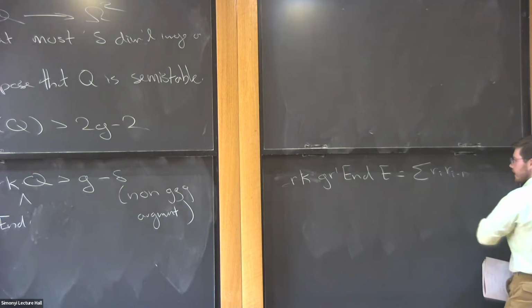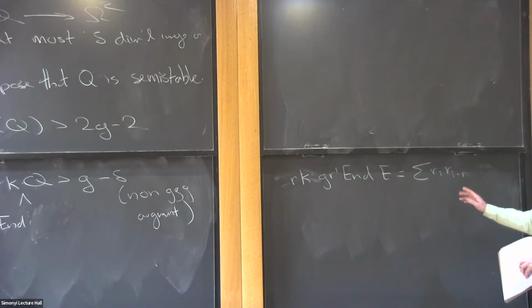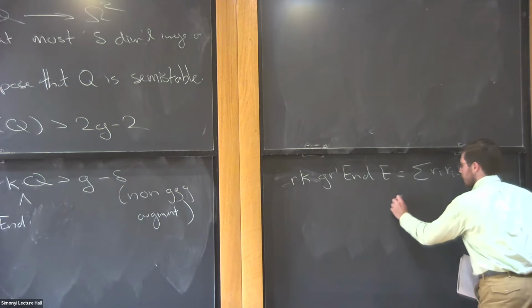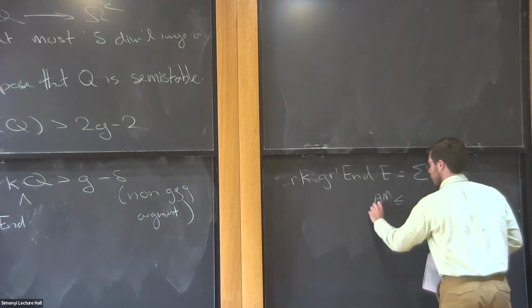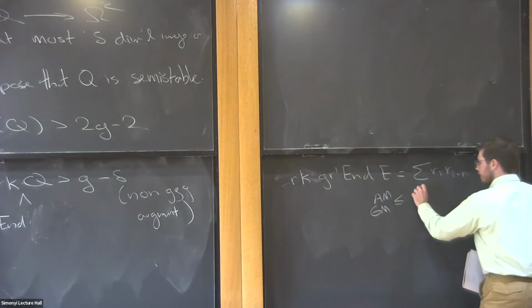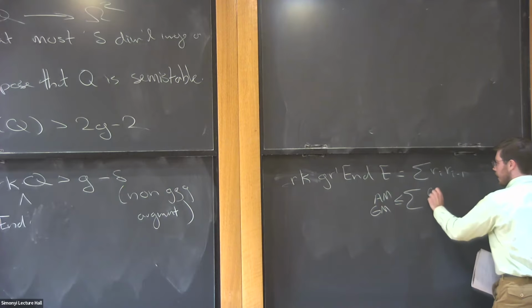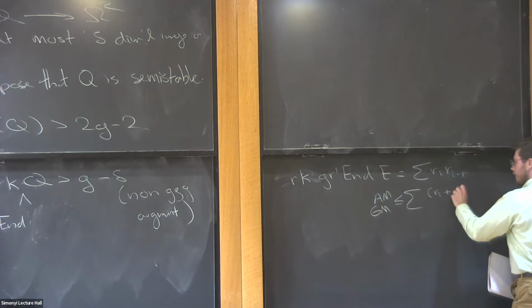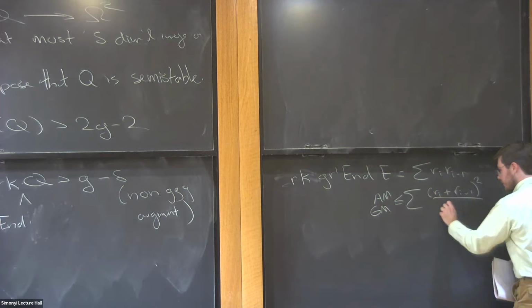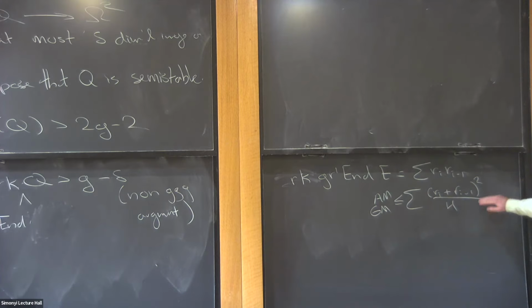Well, the AM-GM inequality says that this sum is bounded above by this sum squared divided by 4.